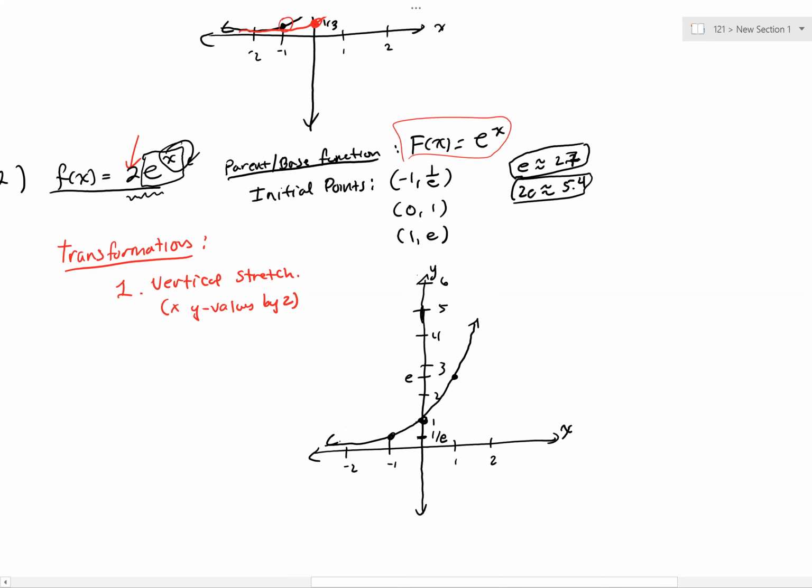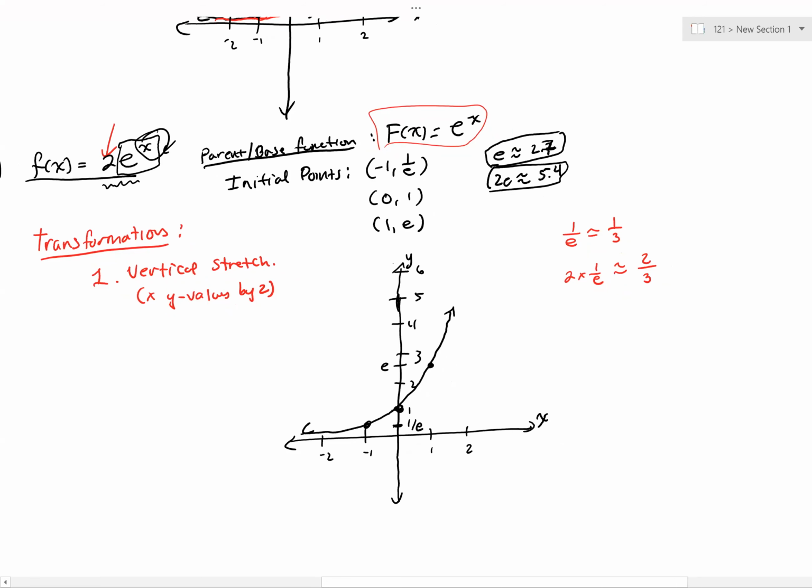So now what I'm going to do is multiply the y values by 2. So here, if I multiply 2 times 1 over E, which again I'm assuming is 1/3, that'll be approximately, not extremely close, but close enough for our purposes, about 2/3. We just want to know the vicinity in which to plot the point.